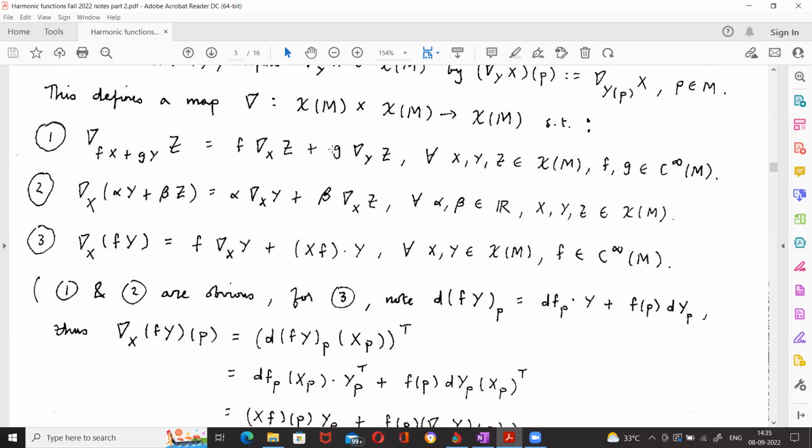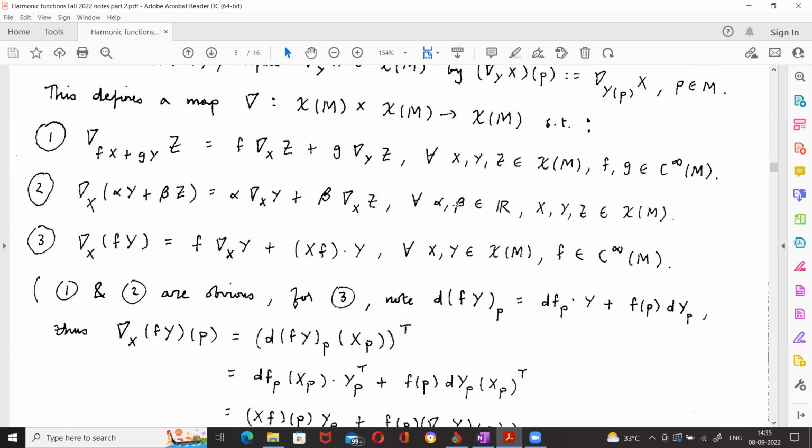Yes, sir. Okay. Now in the second variable, we have to be a bit careful. It's linear with respect to constants, with respect to scalars. So if I take scalar linear combinations of two vector fields Y and Z, then it's linear, where alpha and beta are scalars.